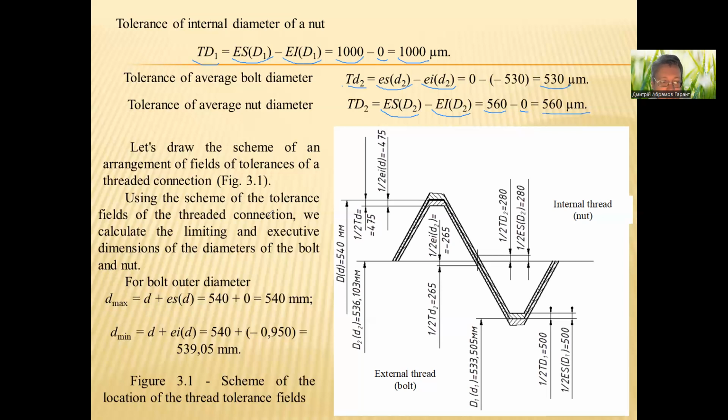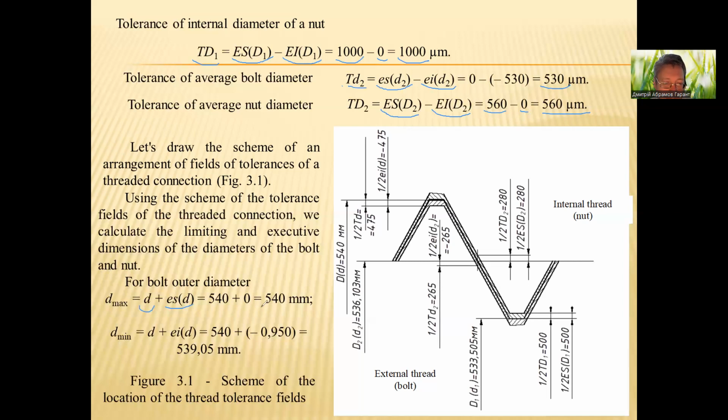For the bolt outer diameter, the maximum outer diameter is the nominal parameter of the outer diameter plus the upper limit deviation on the outer diameter, small es. So we have diameter 540 millimeters plus 0.